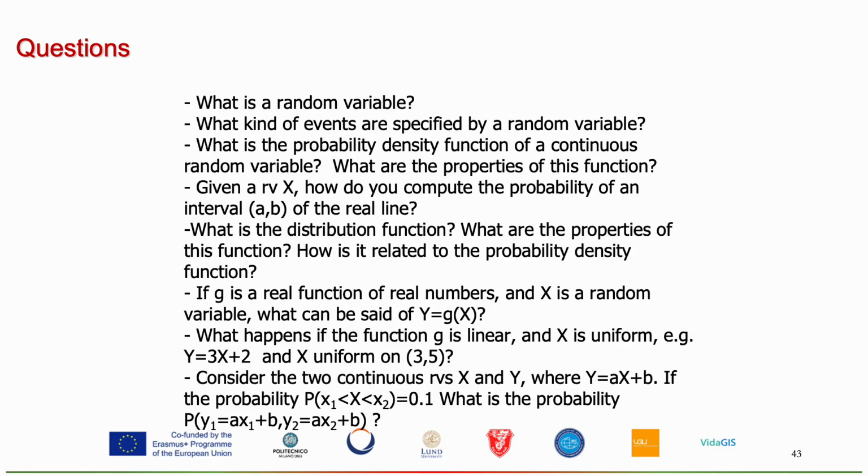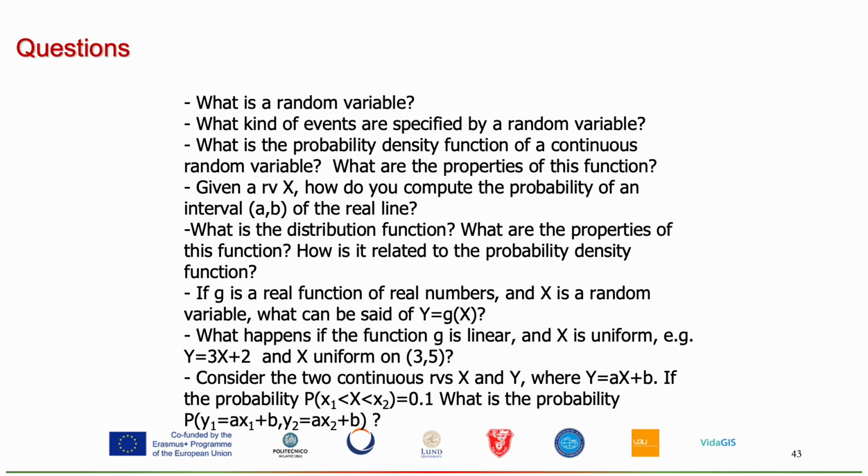Clearly, given the cumulative distribution function and the density function. What is the cumulative distribution function? What are its properties? And what is the mathematical relation between the probability density function and the cumulative distribution function?